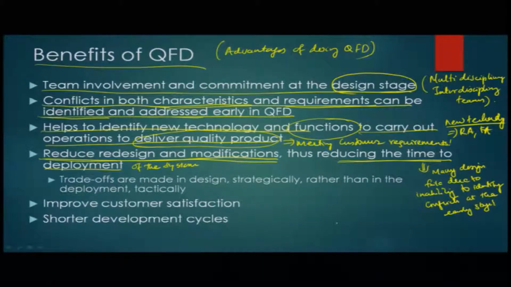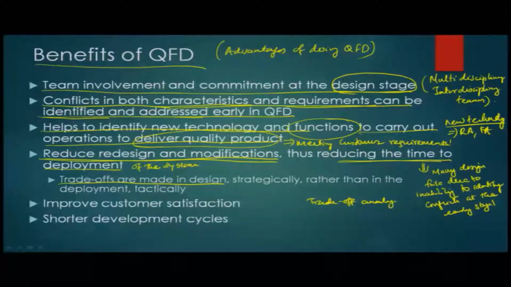So this is where this most important word called trade-off comes in. Trade-off analysis among alternatives is a key criterion in this case. The trade-offs are made in the design phase itself. This kind of trade-off is called a strategic trade-off.